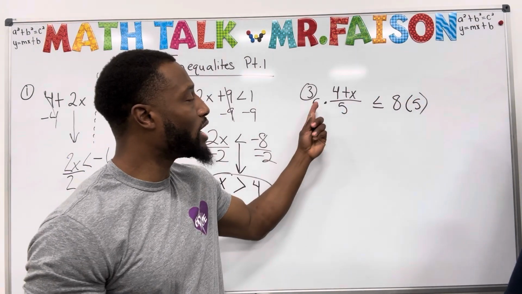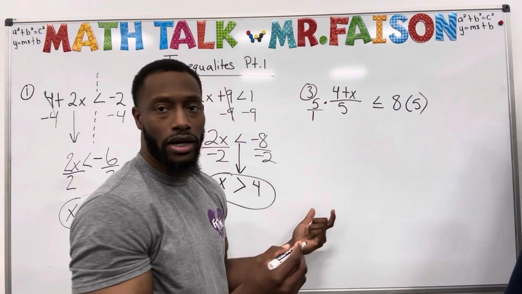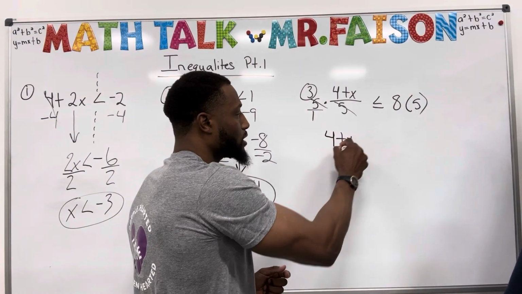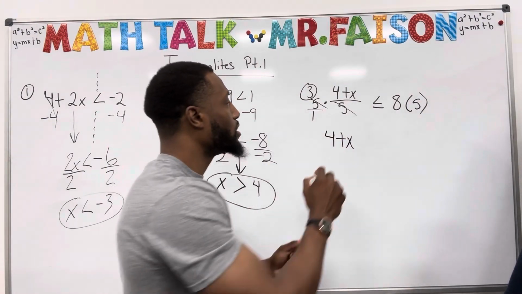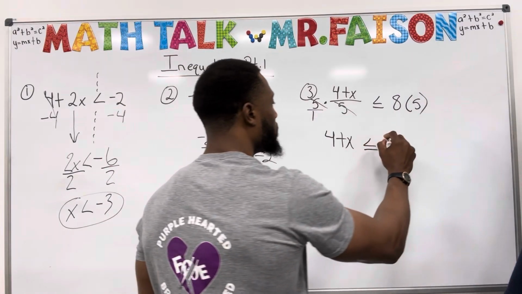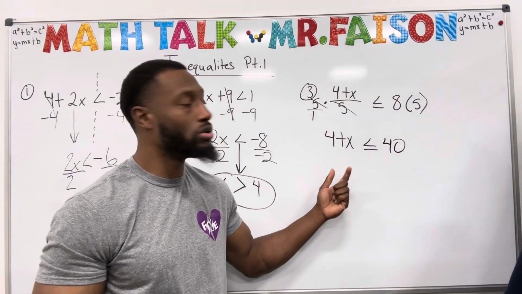If I turn that 5 into a fraction, it just cancels all of that out. So this just becomes 4 plus x, right? Now we still have, it's less than or equal to 8 times 5, which is 40. Now we have 4 plus x is less than or equal to 40.